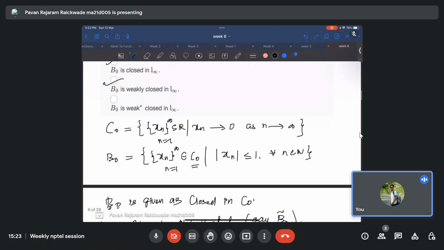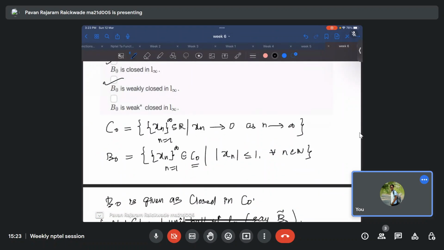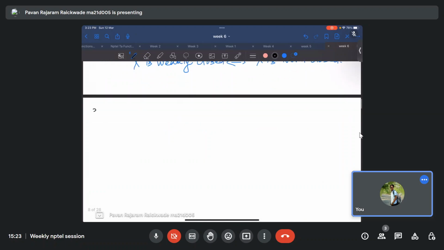Now we have to check whether B naught is weak star closed. When you consider a weak star topology on something, that space has to be considered as a dual space of some pre-dual space.